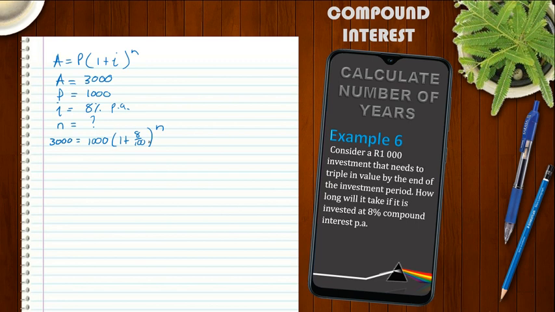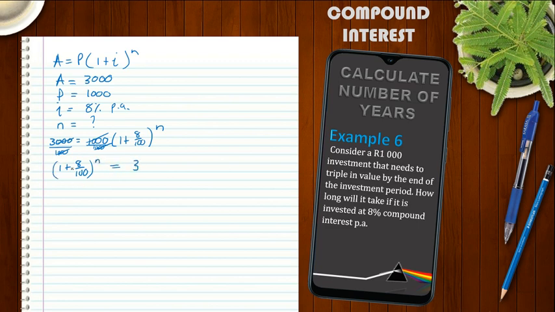So the base is everything inside the brackets that applies to our exponent. So I want my base alone on one side, and then the rest. So we're basically going to solve for the base and the exponent on its own, and doing that we just divide both sides by 1,000. This side will cancel completely, this side just the thousands will cancel, so what we're left with is (1 + 8/100)^n = 3.